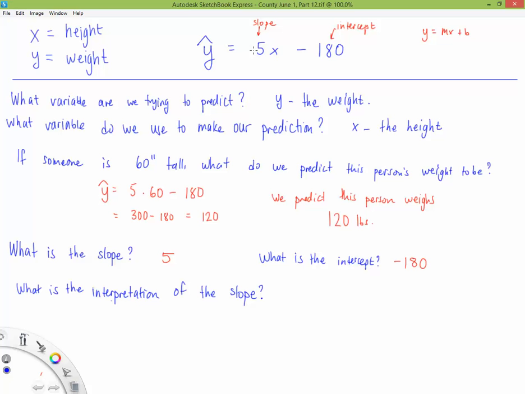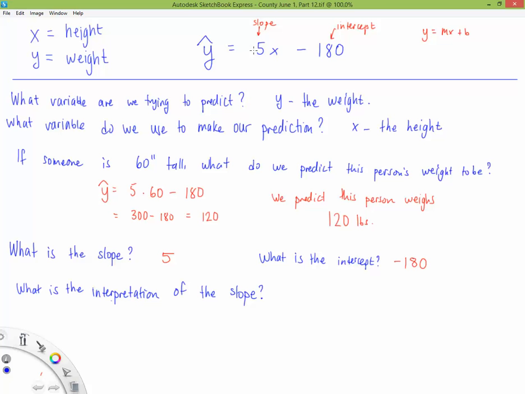Height is x, so what does it mean to add 1 to the height? We're adding 1 inch.